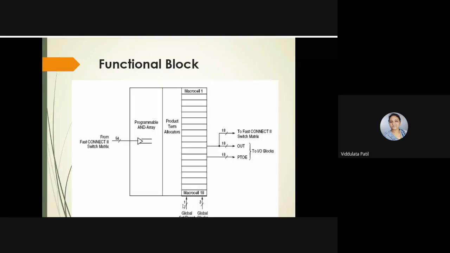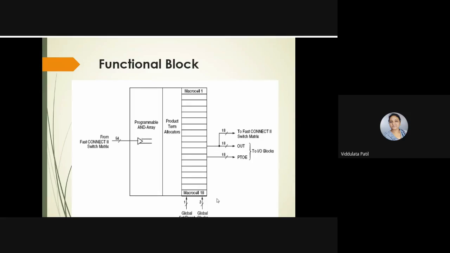Now to operate these macro cells, as we know, in a macro cell there is a D flip-flop present. If we want to use that flip-flop, then we need a clock signal as well as set and reset signals. So the global set and reset signal and global clock signal are connected to the macro cell.